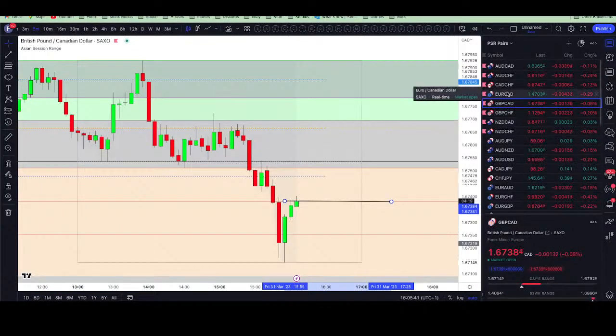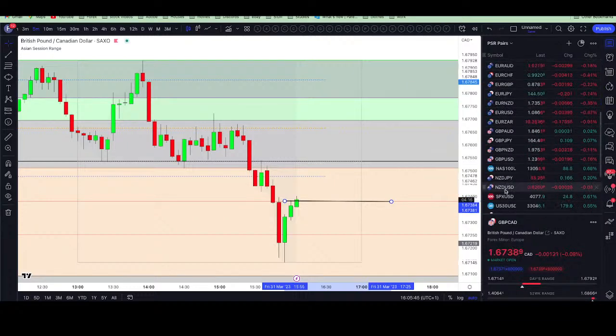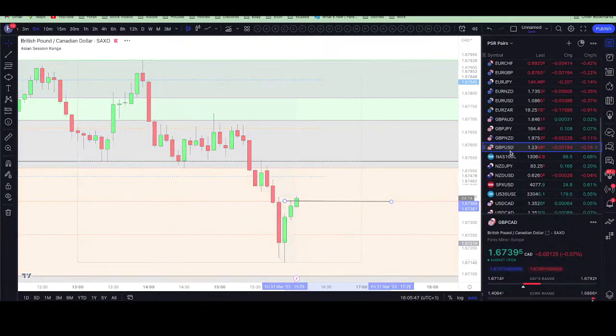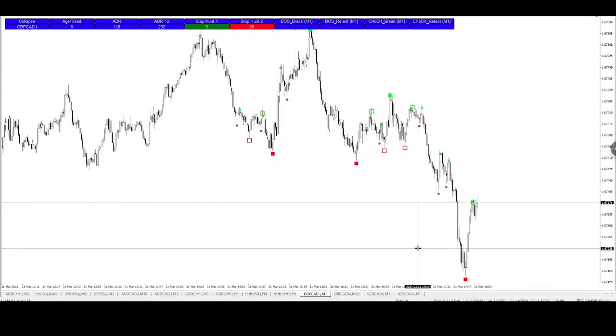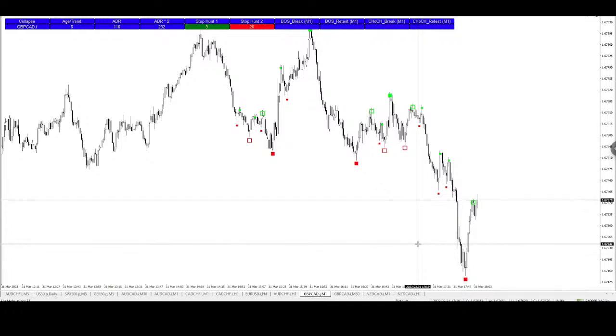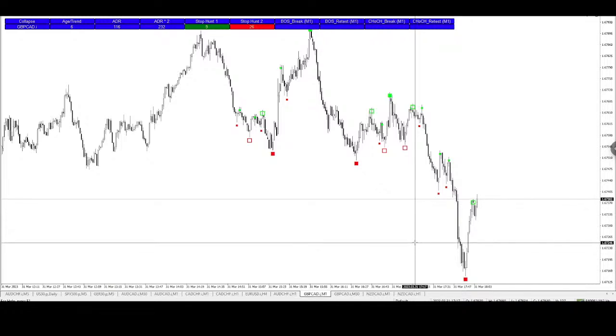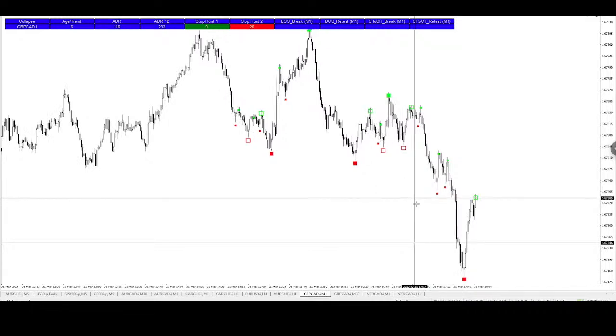Let's go to here. GU. I'm going to go back to Neo quickly. I want to see this 1-minute candle. How many pips is that even now?